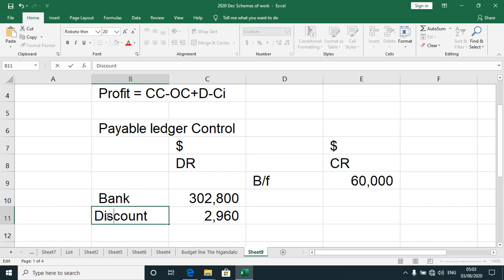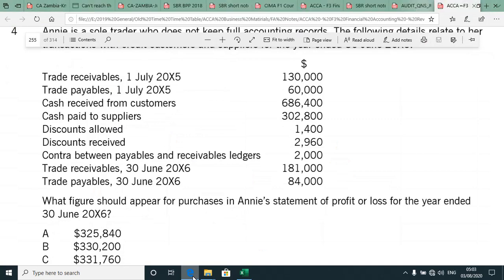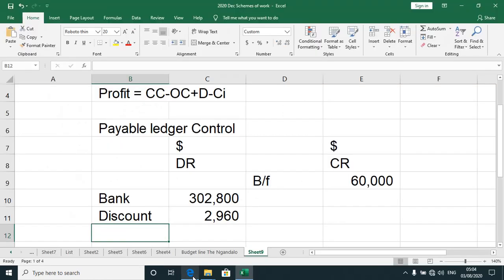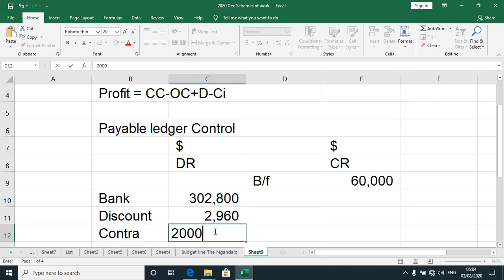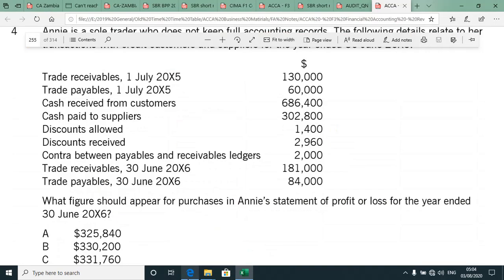Okay, let's progress to the next one. What's the next one say? Contra between payables. So contra will be acceptable, 2000. So contra is always on the reducing side of the account. 2000. What else do you have?